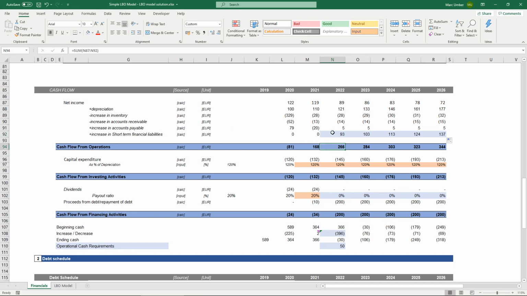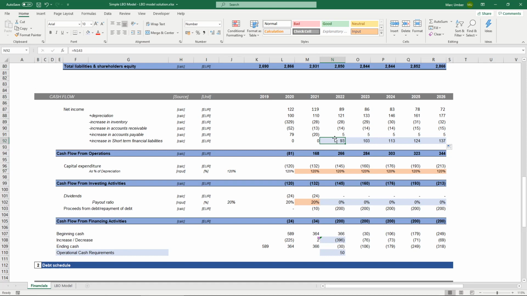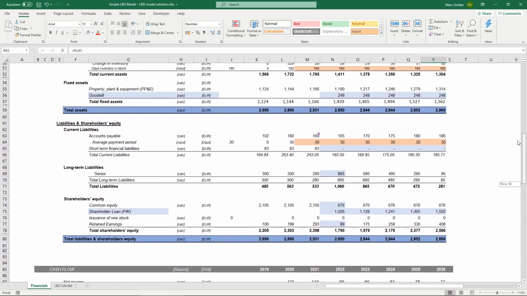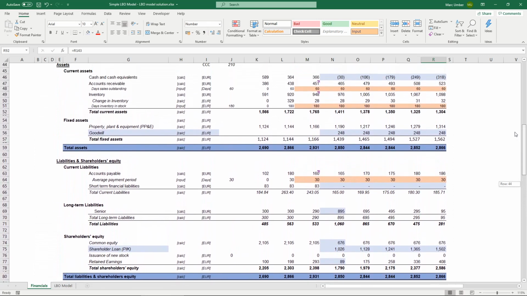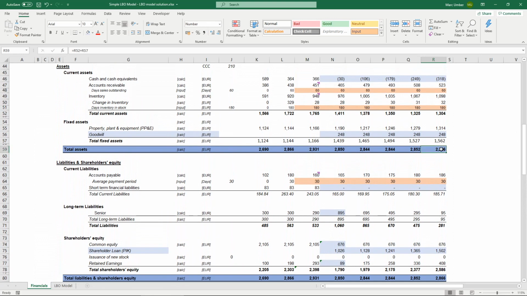This will have a dramatic impact on our cash flow from operation and also result in a change in the cash balance of the company. The final check always should look at the balance sheet, because once your model is up and running, it is important that the sum of all assets is equal to the sum of all liabilities and shareholders' equity. And this is the case.